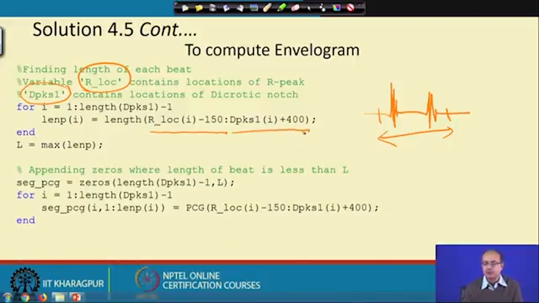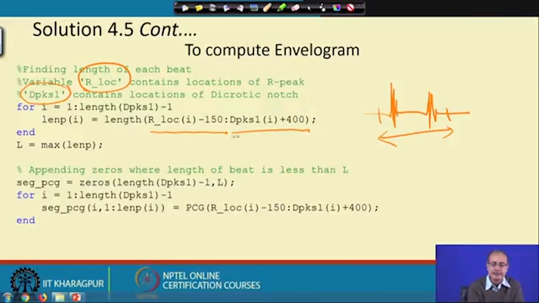That way we are taking somewhat more than the exact S1 to S2, because there would be some spread of the signal. We are trying to make sure that we are not losing out anywhere because of measurement error.